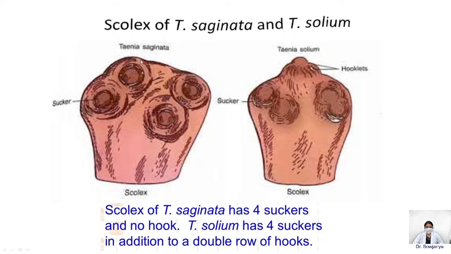Here in saginata, as you can see in this diagram, there are four suckers, but hooks or hooklets are not seen. But in solium, you can clearly see the hooklets present at the topmost end along with the four suckers. And also there is a double row of hooks.